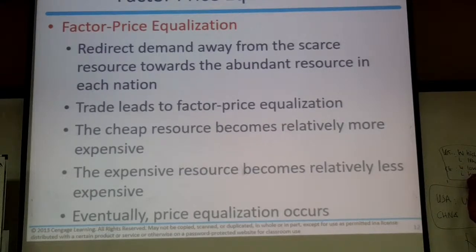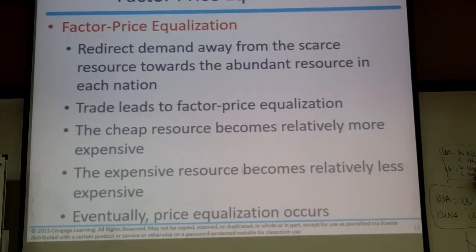Interest rate was high. So now the outcome. United States, wages was high, now low. Interest rate was low, now high. China, wages was low, now wages increase. China, interest rate was high, and now low. That's how equalization occurs. Okay?